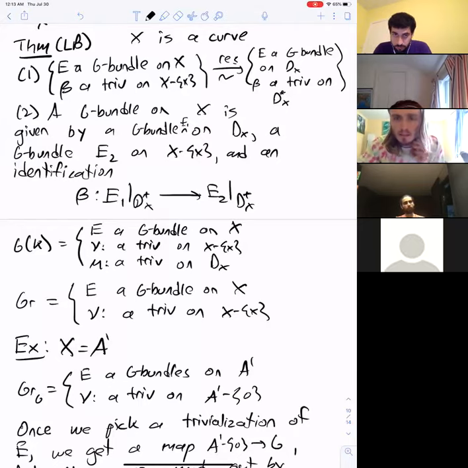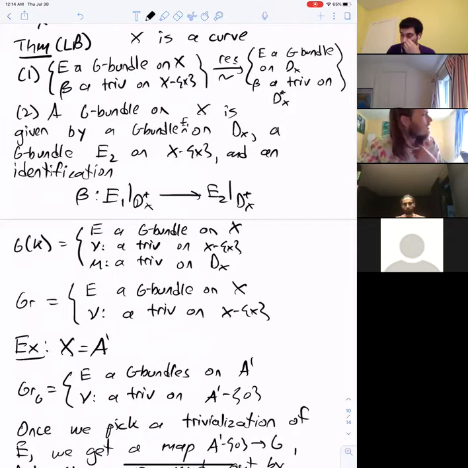And what's the union? Well, it's the punctured formal disk. You have a gluing square, like a pushout. If it's going to be trivial on the complement of 0, and you already have a trivialization on the punctured formal disk, then all you have to do is glue over the punctured formal disk, and then you get your thing that's trivial over the whole complement of 0.